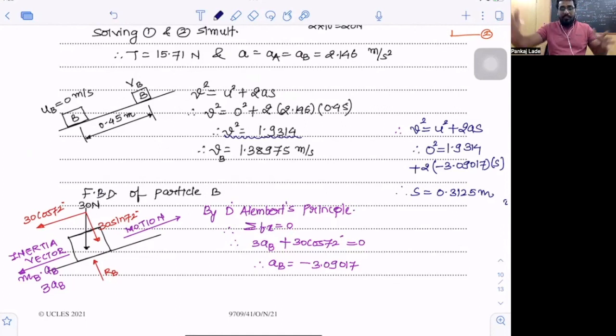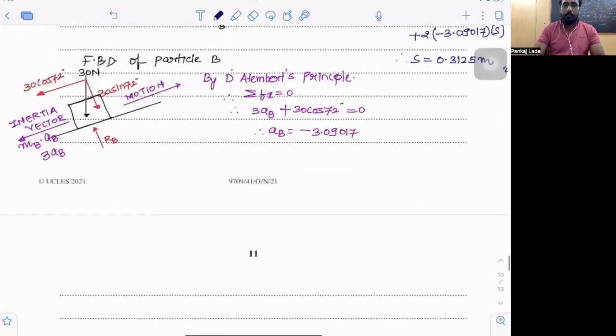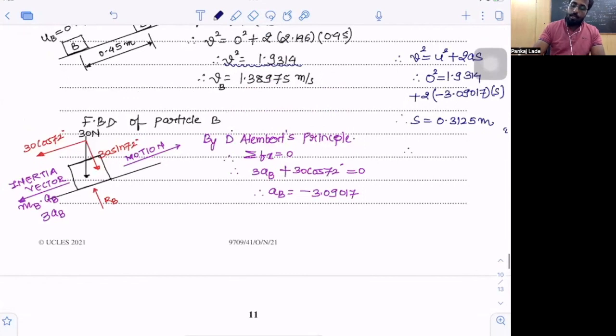So the total distance traveled by B, therefore I can say now, so there is some more space available which I'll be using to explain you the second method. So I can say total distance traveled by B is going to be the initial one, 0.45 meters plus 0.3125 meters.